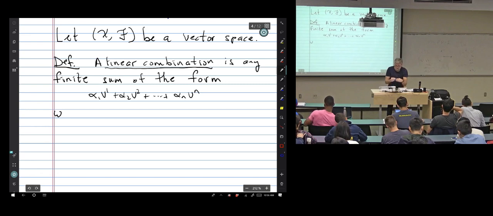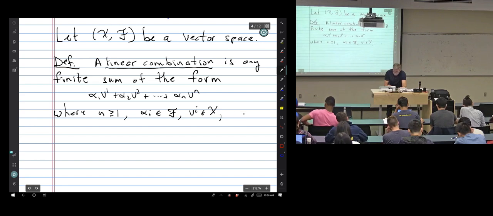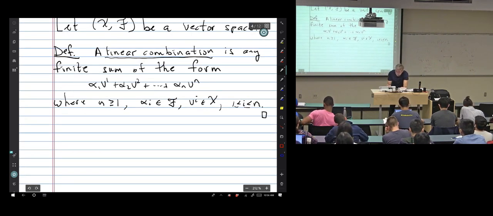Whoops, hit my little erase thing here, where n is bigger than or equal to 1, alpha i's are in the field, vi's are in X, i greater than or equal to 1, less than or equal to n.